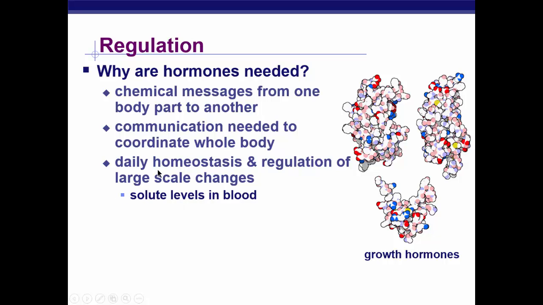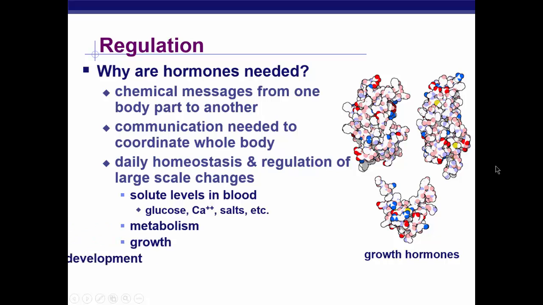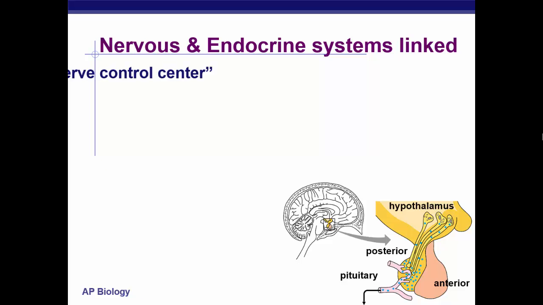So all the other homeostatic mechanisms that we've talked about, solute levels in blood, talking about anything from calcium to glucose, to different salts, your metabolism, your growth, your development, your maturation, all of those things you want to happen large scale all at the same time so that nothing goes wrong in one specific area of the body. And reproduction, of course, once you choose to in the future.